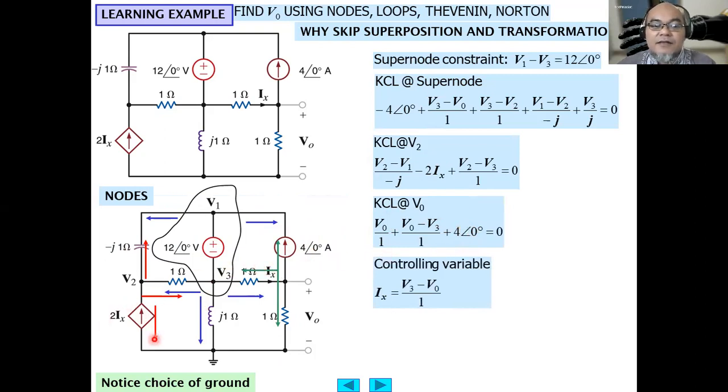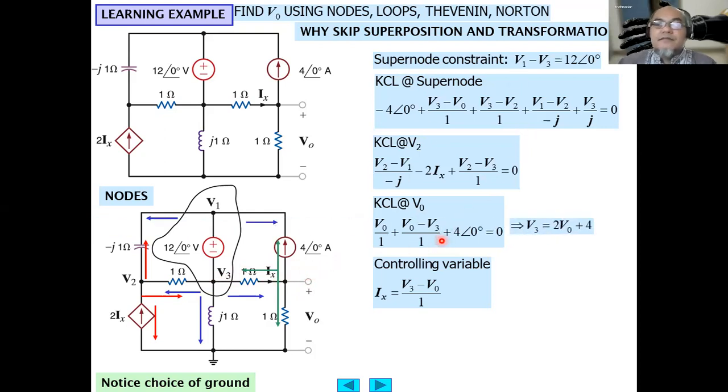The controlling variable Ix equals this one, using Ohm's law. The Ix direction is from V3 towards V out, so Ix equals V3 minus V out divided by 1 ohm.